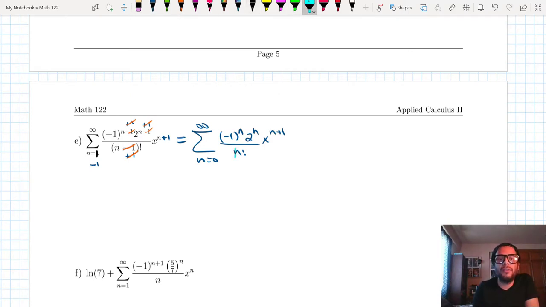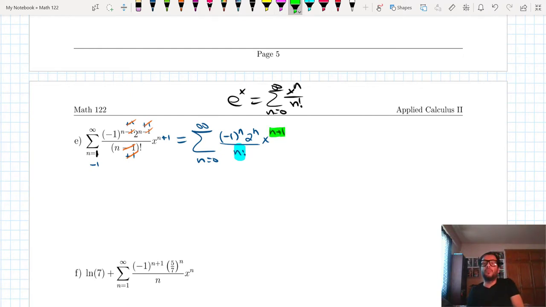The n factorial in the denominator is very characteristic of the function e to the x, which is sigma n equals 0 to infinity x to the n over n factorial. However, look at the power of x, n plus 1. We wish we had it as just n, and we can make that happen.